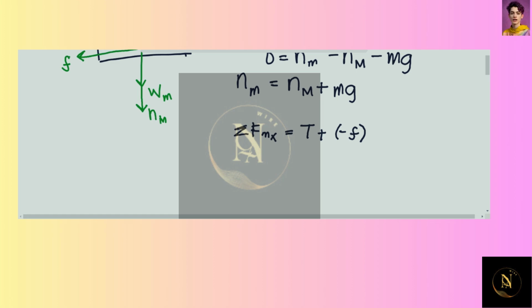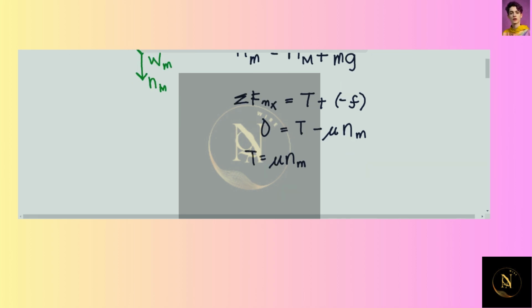And the summation is also equal to 0, since what we are achieving is equilibrium. So the equation becomes, we know that friction is equal to the product of the coefficient and the normal force. Then T is equal to mu N sub small m.